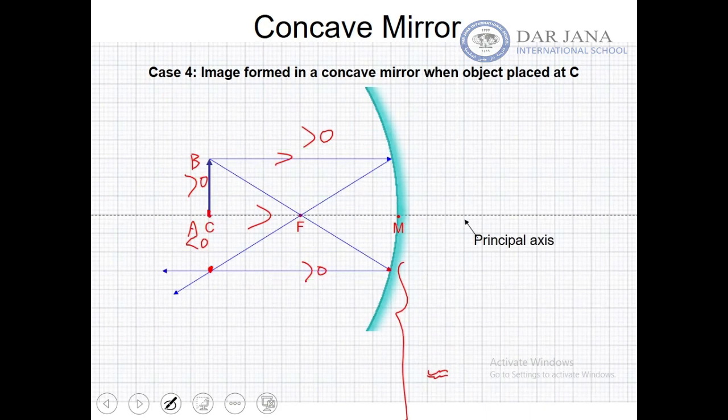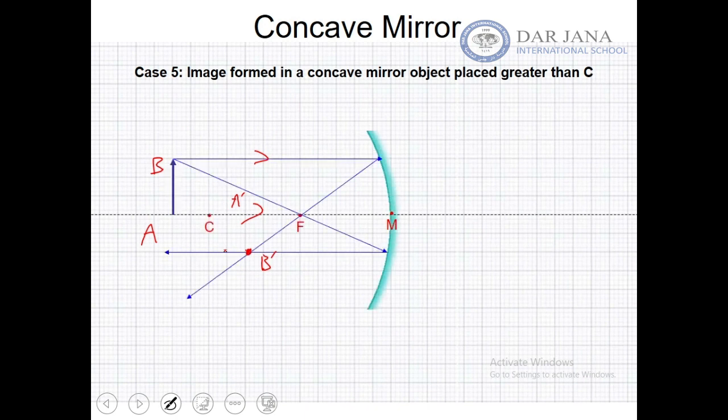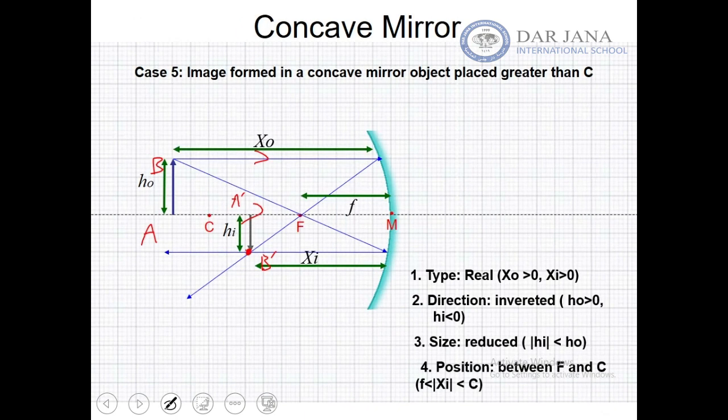As in case number 4, A prime is here and B prime is here, where A prime is the image of A and B prime is the image of B. Till now, B prime is the image of B, and A prime is the image of point A. Since the image is in front of the mirror, it's real, greater than 0.